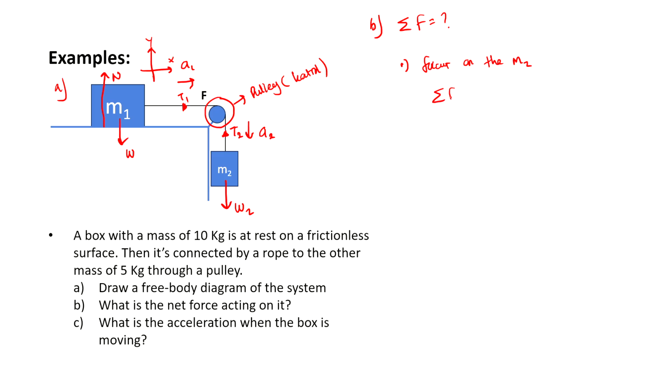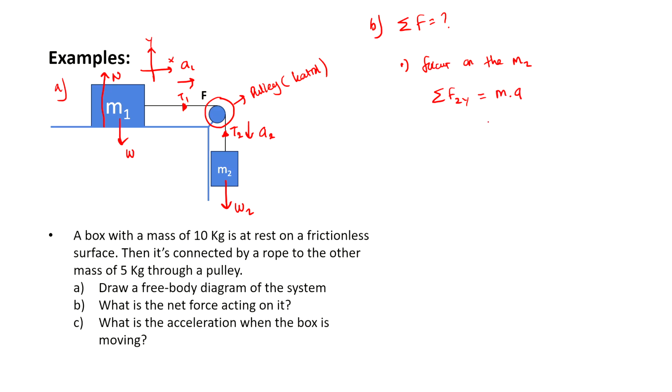Sigma F2, because the direction of the motion is only in the y-axis, we can just use F2y here. So sigma F2y equals m times a.